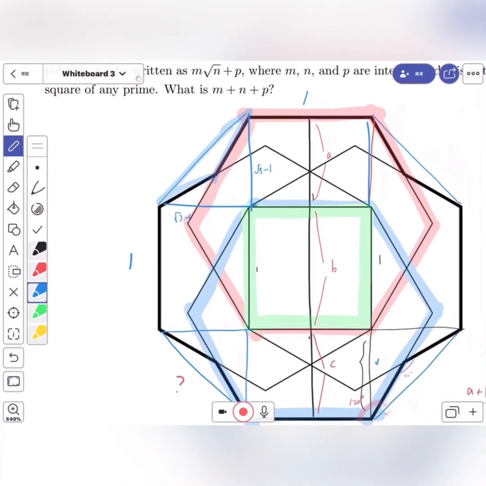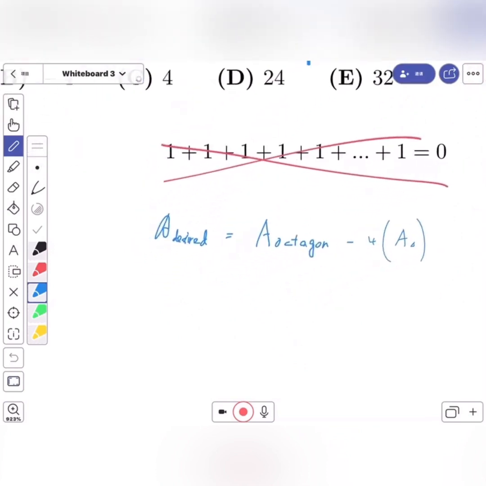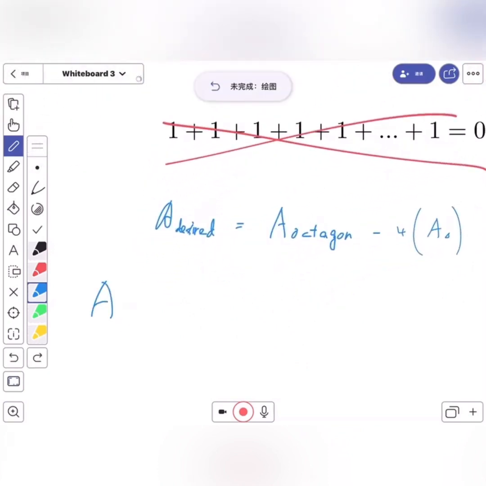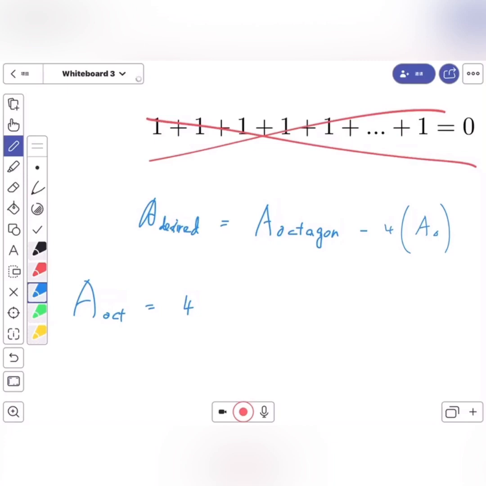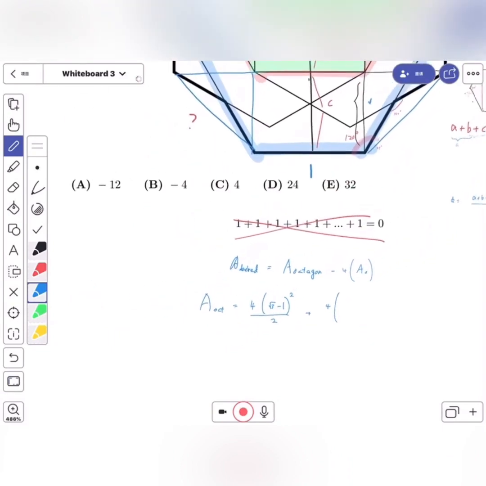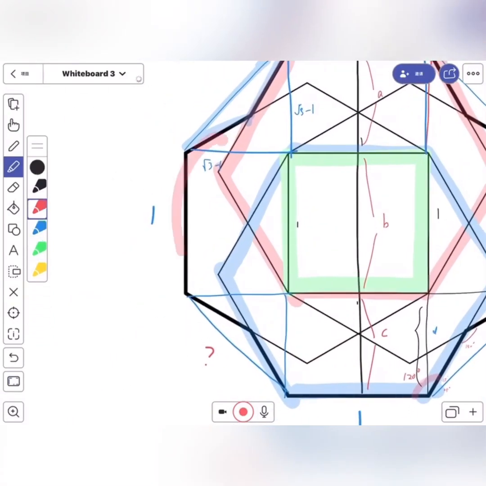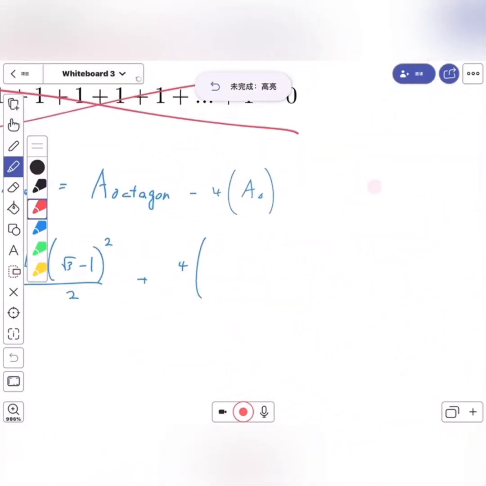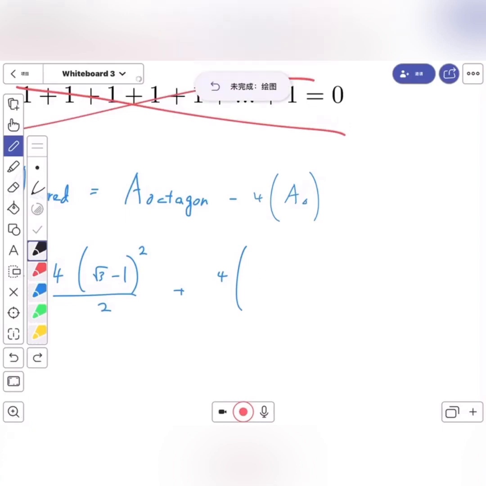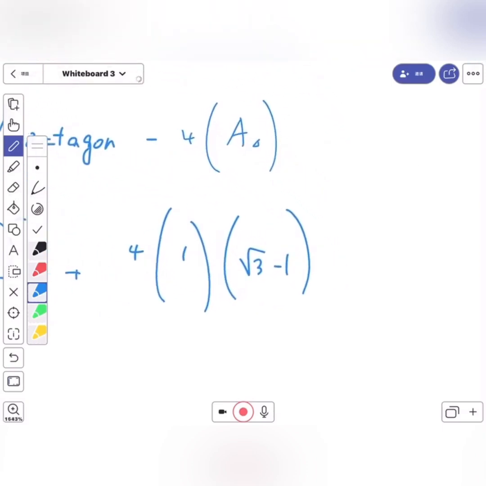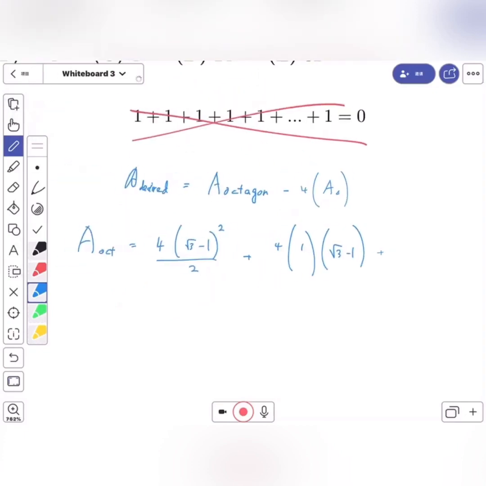So essentially the area of the octagon is going to be 4 times the area of the small isosceles right triangle, which is 4 times root 3 minus 1 squared over 2, plus we also have 4 rectangles, these rectangles, that have 1 times square root of 3 minus 1, because 1 is the height and root 3 minus 1 is the length. Now we have to add the middle square, which is simply 1 squared.